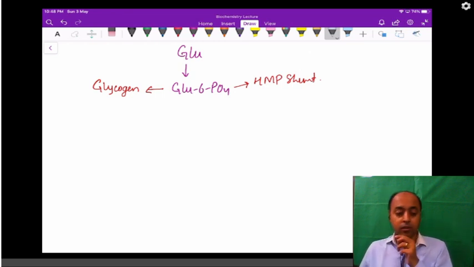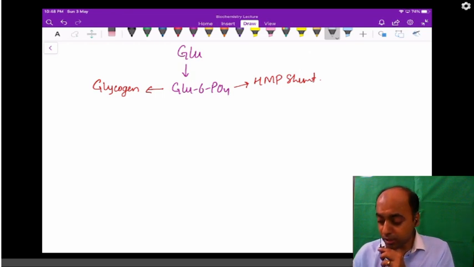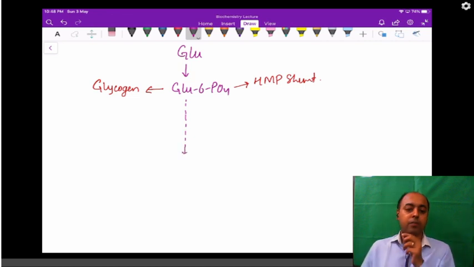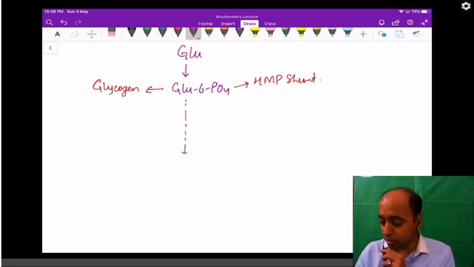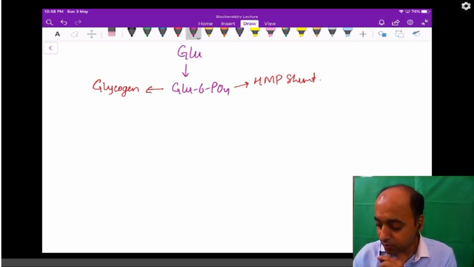Subsequently, via multiple reactions, the glucose 6 phosphate will go to the pyruvate.